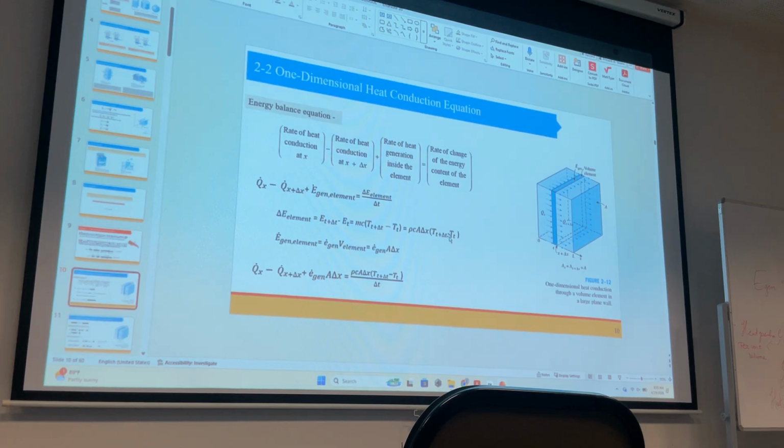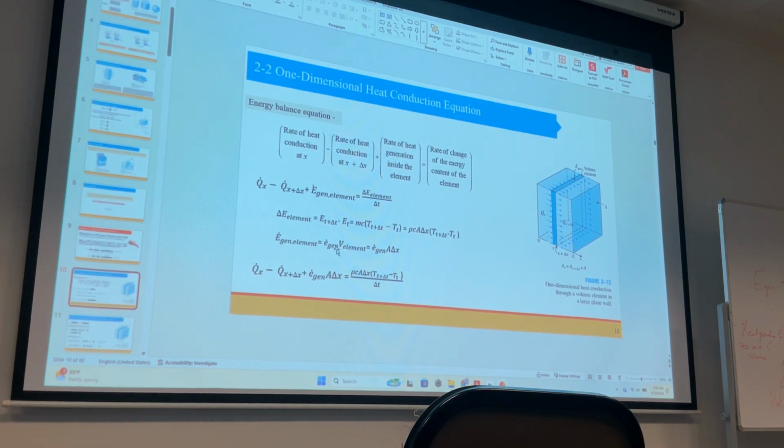So this can be written as this. They have just input the mass, which is rho A del x. Then you have the rate of heat generation inside the element.